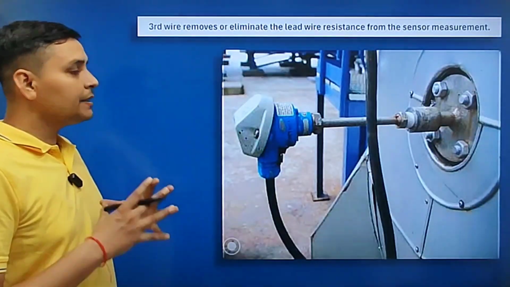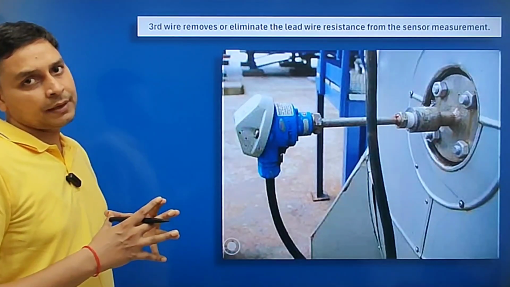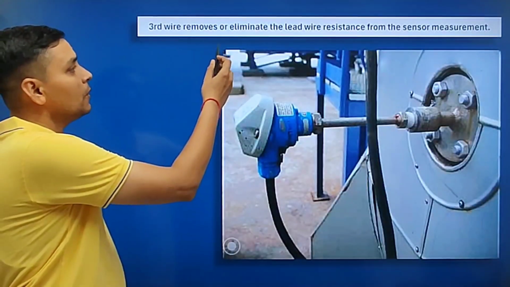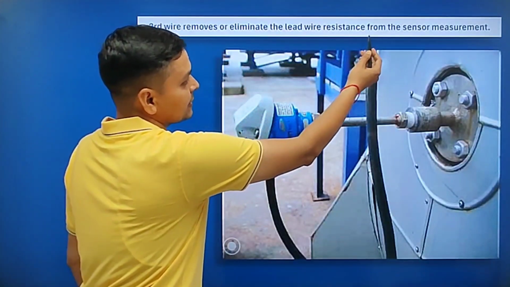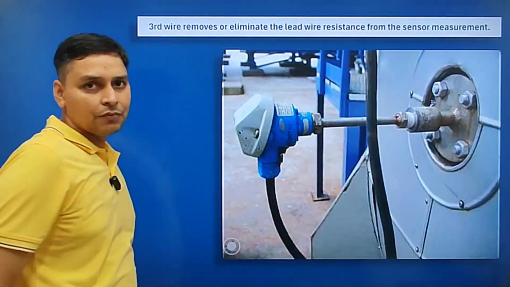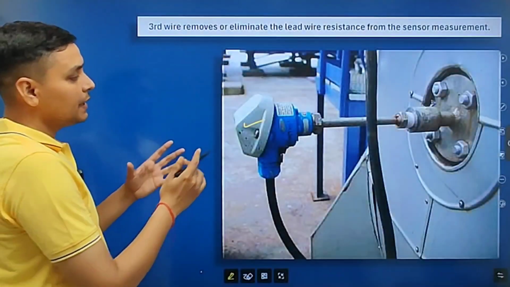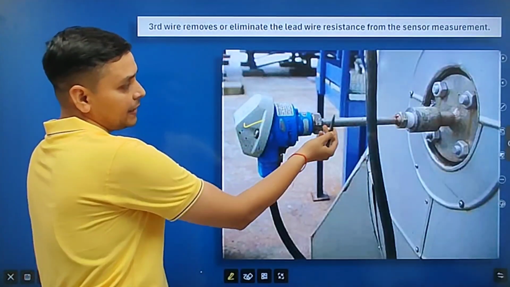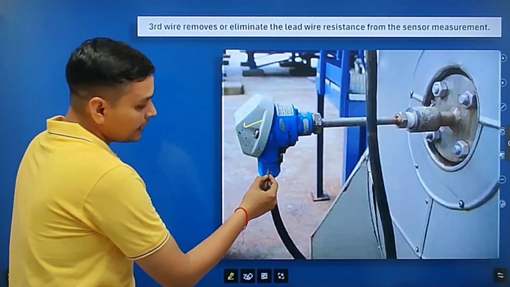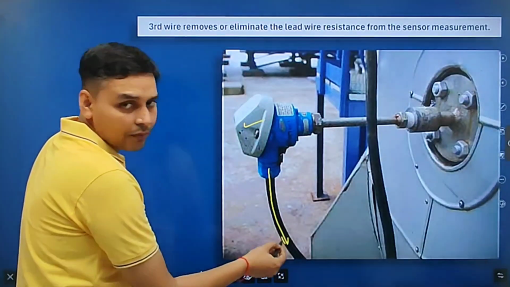Friends, here is the main reason for using 3-wire RTD. The third wire removes or eliminates the lead wire resistance from the sensor measurement. What does it mean? Suppose an RTD is inserted at any place, and its signal will be transmitted through a wire.